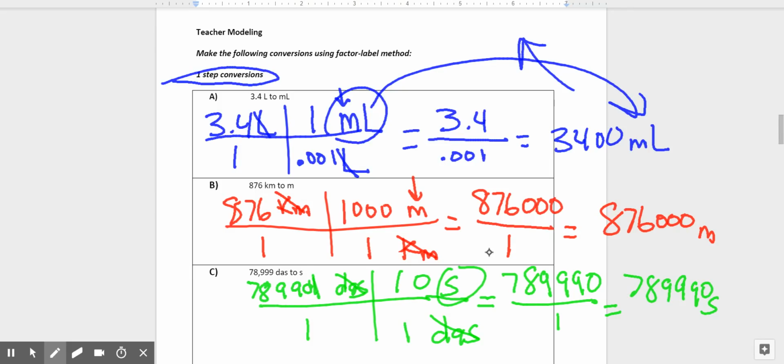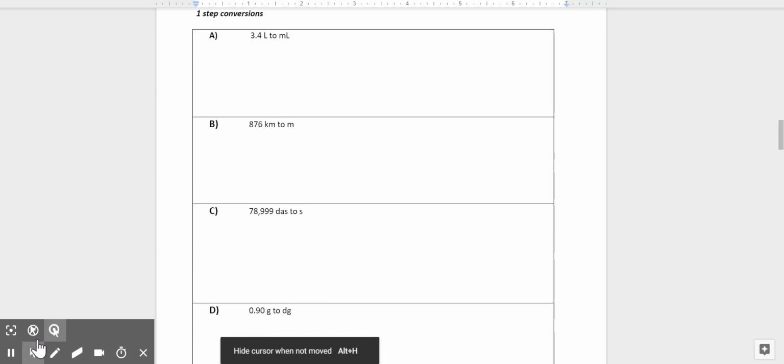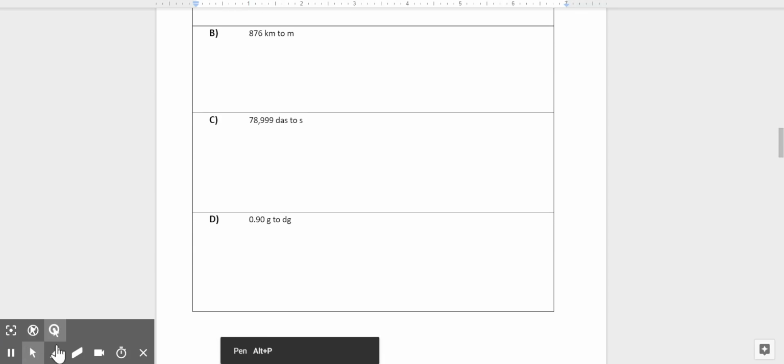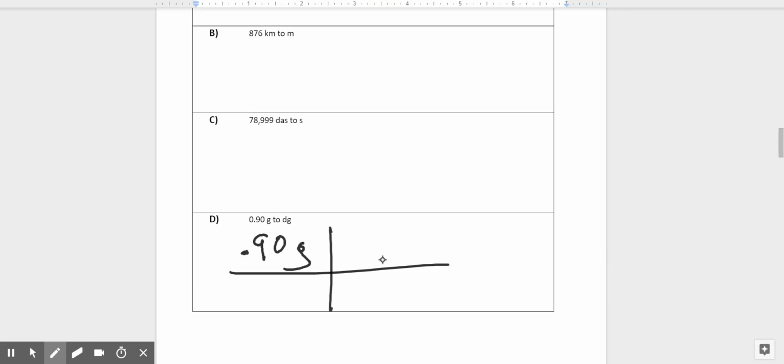So I've got to clear the screen and scroll. Our last example is 0.90 grams, with grams on the bottom. Convert that to decigrams on top. The number 1 always goes with deci. 1 decigram is 0.1 grams.